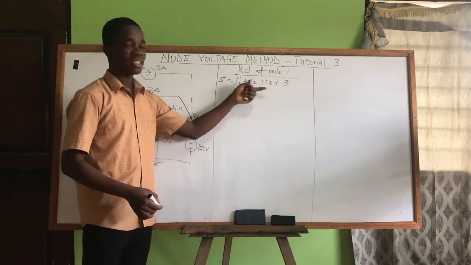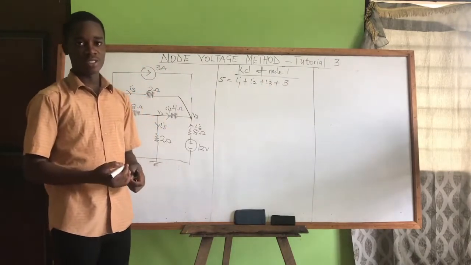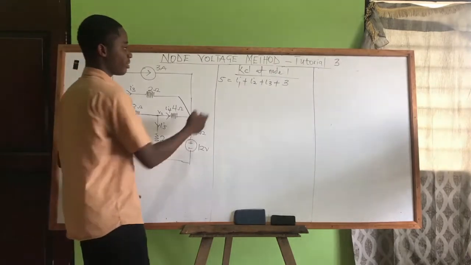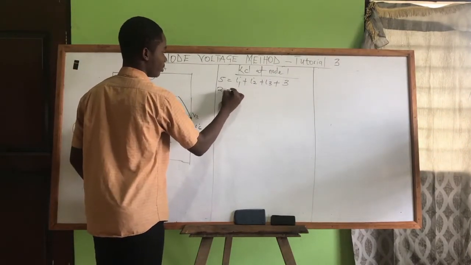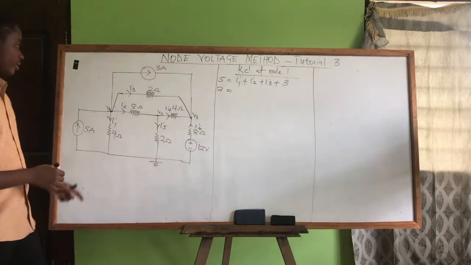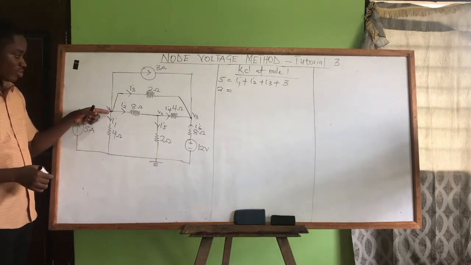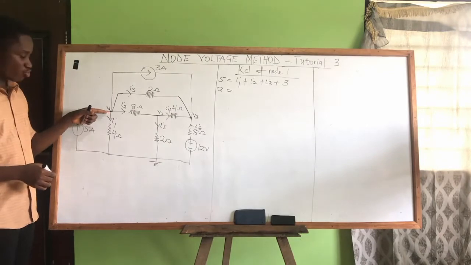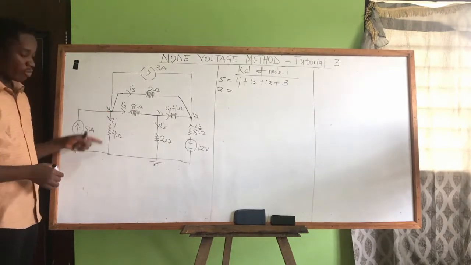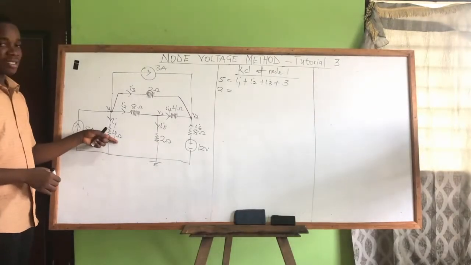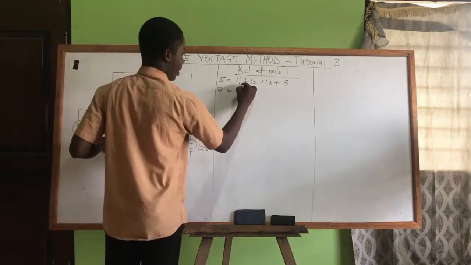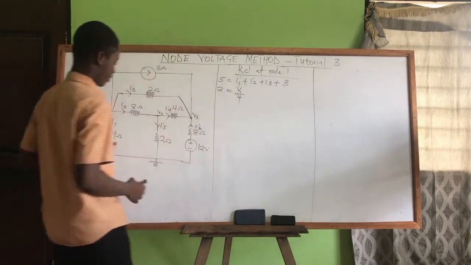Now we have to express the currents in terms of the node voltages. So we can simplify. 5 minus 3 is giving us 2, which is equal to I1, the current here. So the node V1 to the reference. They are all moving to the reference. So I have V1 minus 0 over the resistor, so it's the same as V1 over 4.